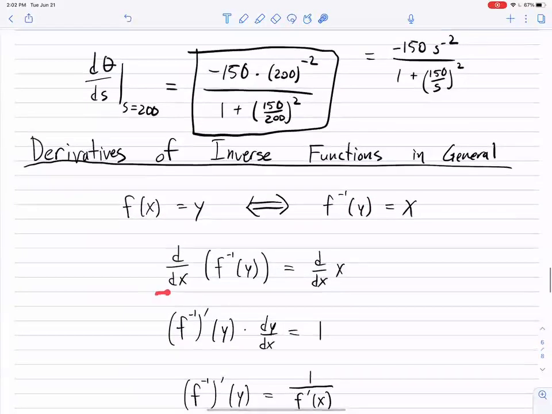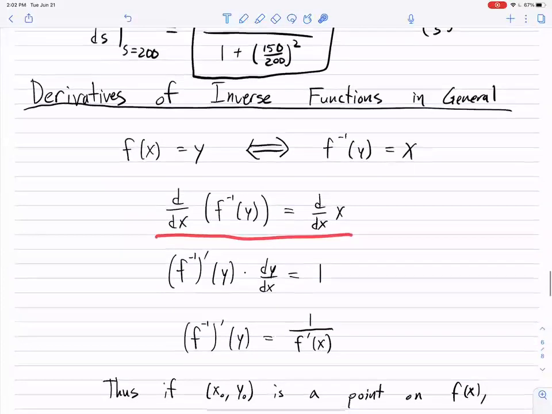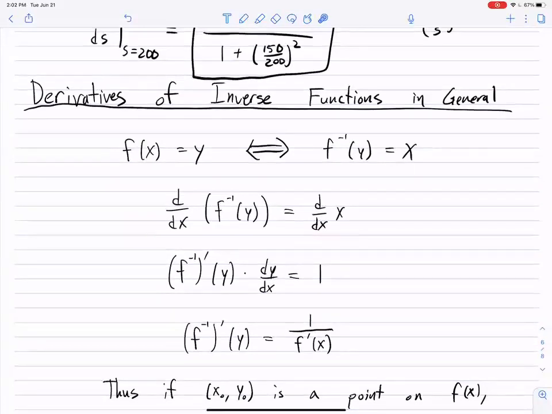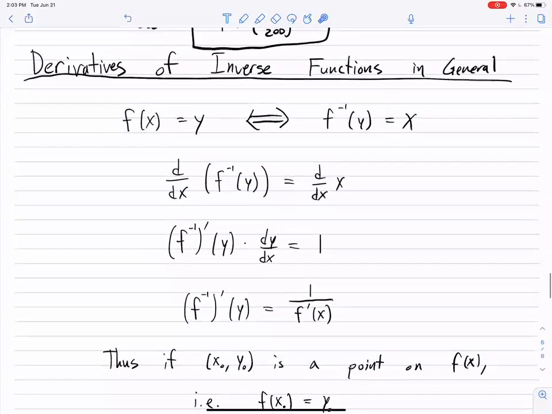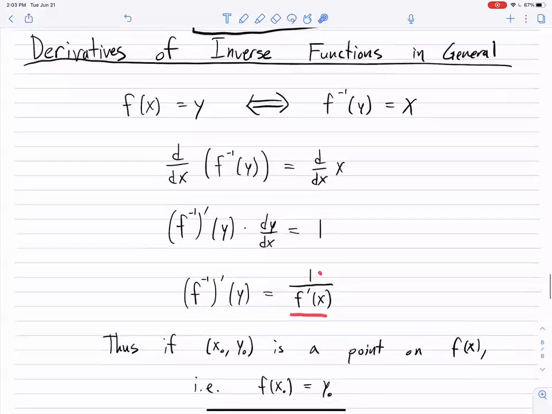So doing the same derivation as before, if we take the derivative with respect to x of both sides, we get that the derivative of f inverse evaluated at y times dy dx is equal to 1. And then solving for this piece right here, we get that f inverse derivative evaluated at y is 1 over f prime of x.